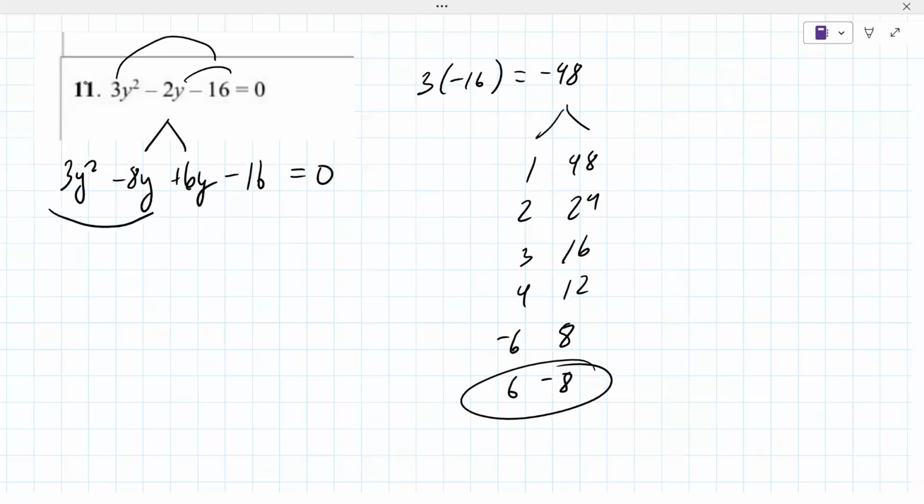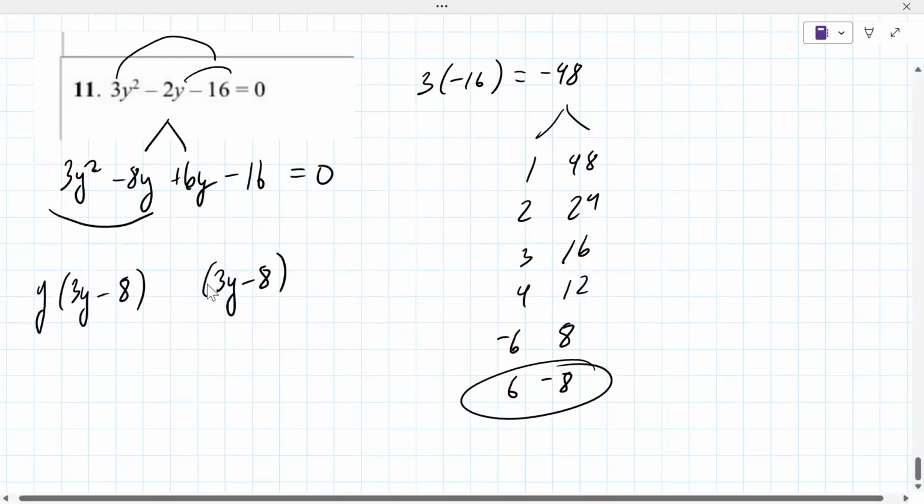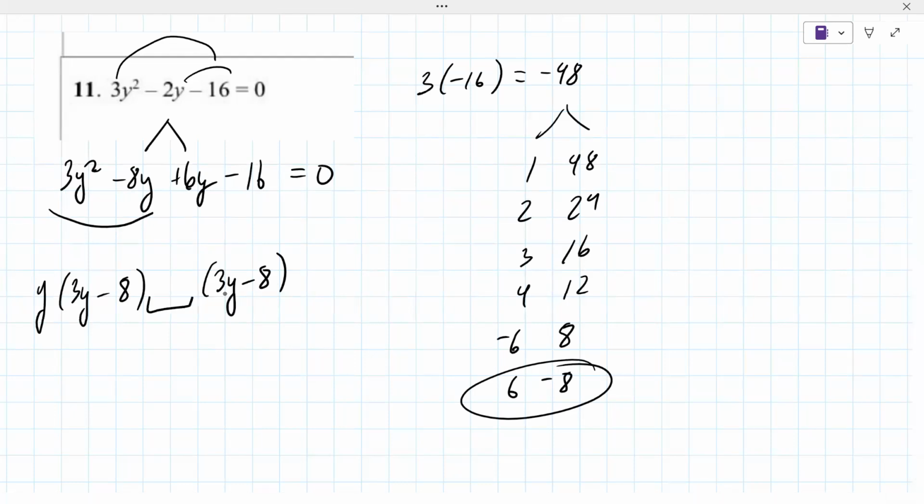Okay, what's the GCF on these two? This is the grouping part. So it's 3y minus 8, 3y minus 8. So whatever's in parentheses, you immediately write over here. What goes in the middle? Plus 2. So this becomes y plus 2 times 3y minus 8 equals 0.